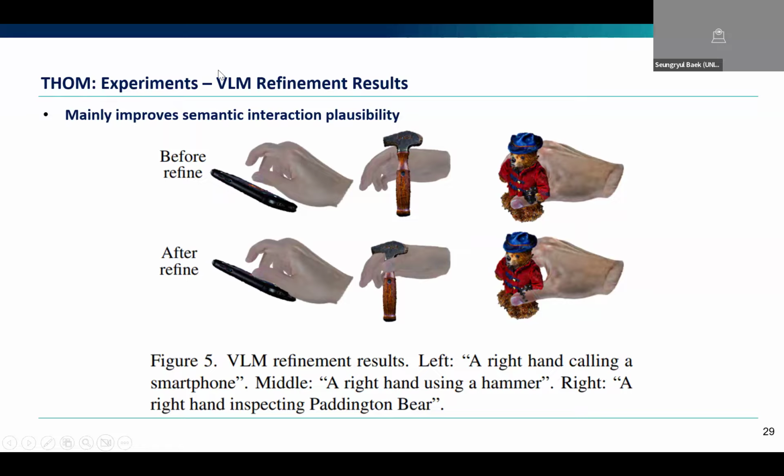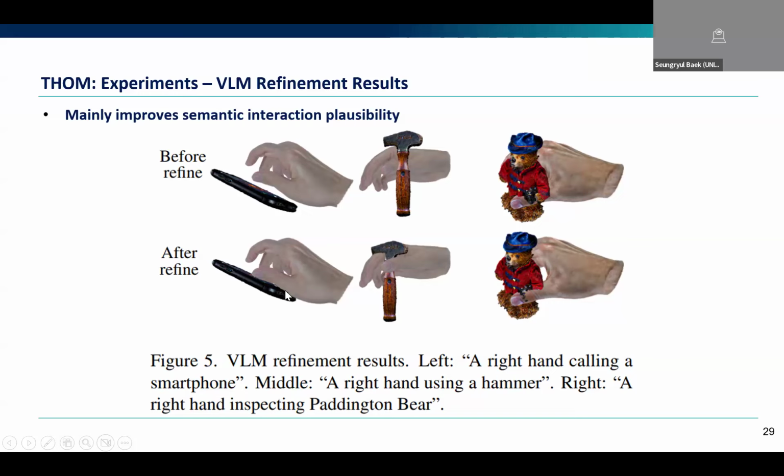So the visual language model requirement works like this. We give input rendering like this, and we prompt the VLM to select the best class of interaction among the multiple candidates by enumerating the hand translation in the XYZ axes.